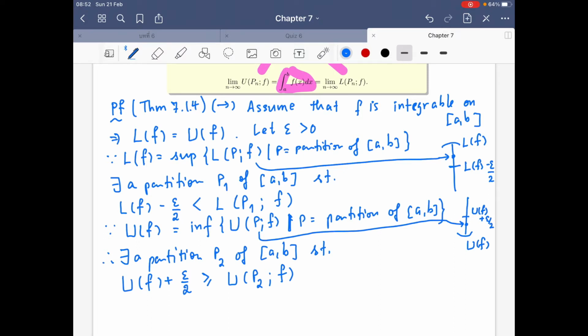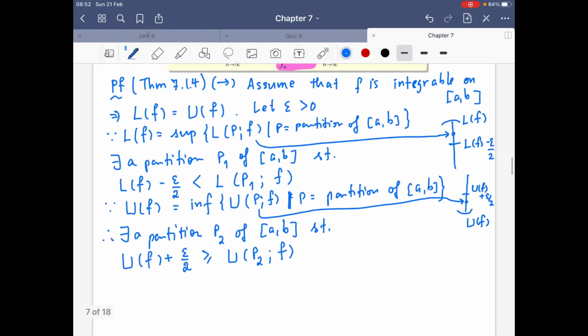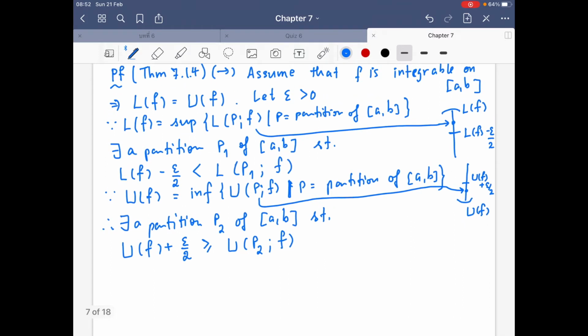So what have we learned from the last video clip? If you have two partitions like that, you use a refinement. So we let P epsilon be P1 union P2. Why can you say that P1 and P2 depend on epsilon?